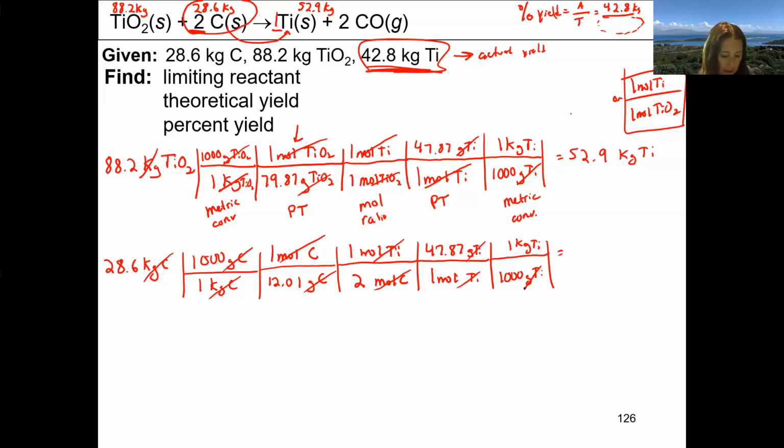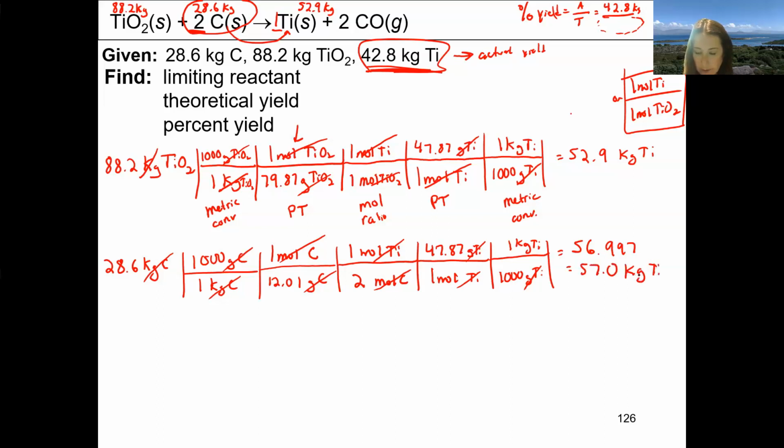Okay, so I put this in my calculator, 28.6 times 47.87 divided by 12.01 plus 2. I get 56 point, how many sig figs? 3. So my calculator says 56.997. So I need to round that to 57.0 kilograms, right?